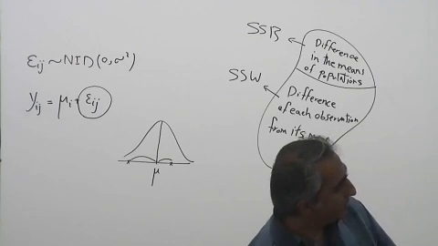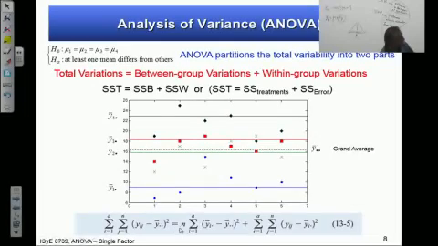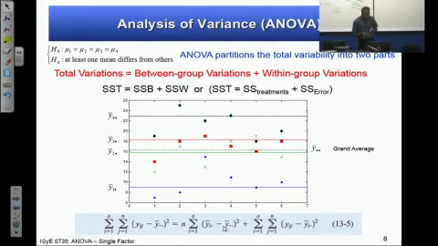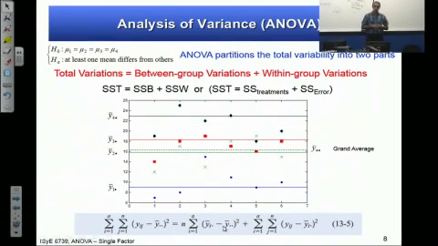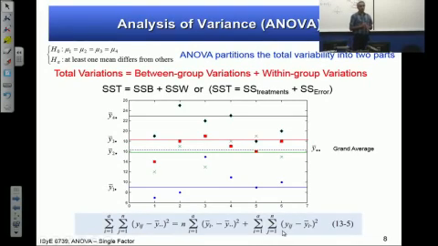Okay. Now let me ask you a question. So I have this equality. What happens when H null is true, in terms of size of this guy and size of this guy? The first one's 0, or very small.